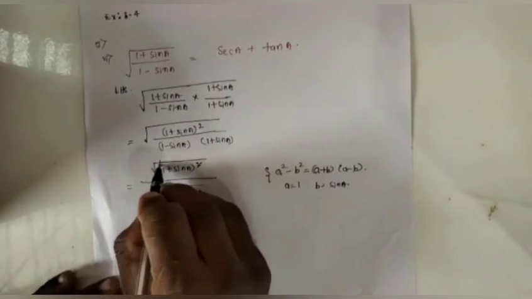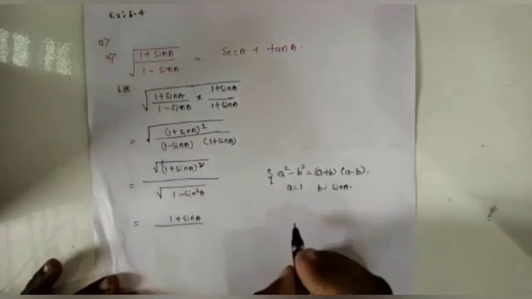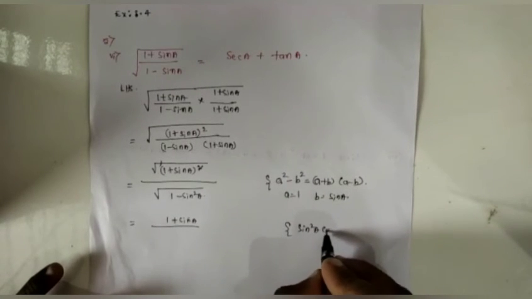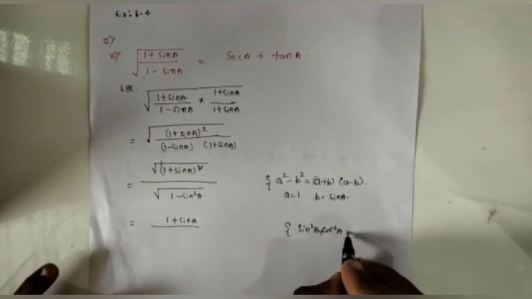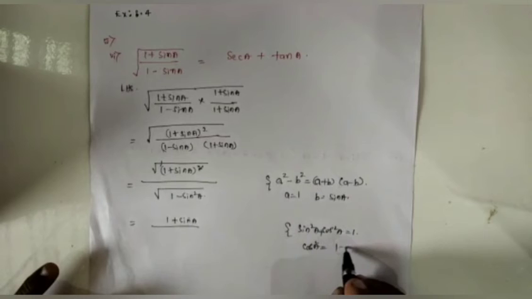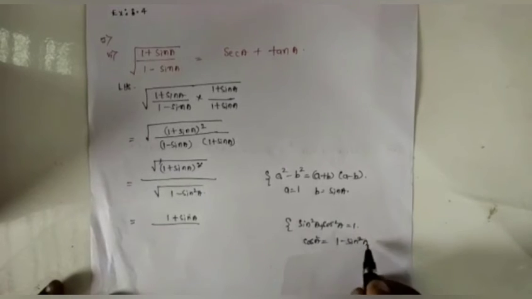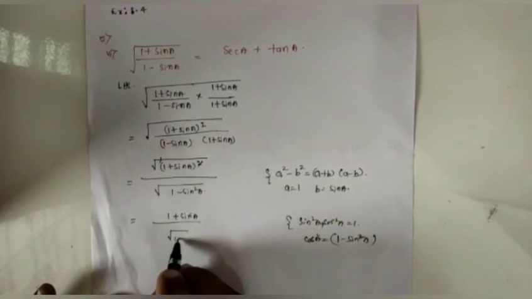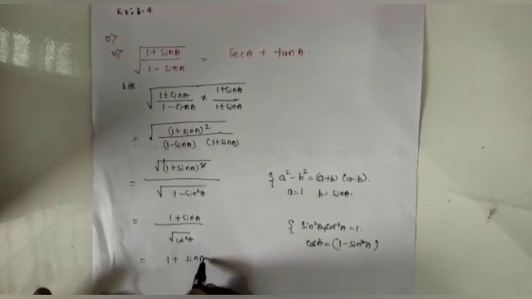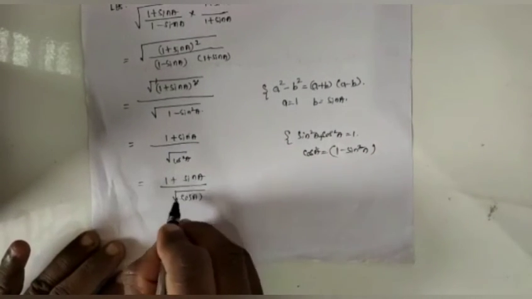See here, the square root cancels, and the remaining is 1 plus sine a divided by, by the trigonometric identity sine square a plus cos square a equals 1, cos square a equals 1 minus sine square a. So instead of 1 minus sine square a we take cos square a, and the square root of cos square a is cos a.